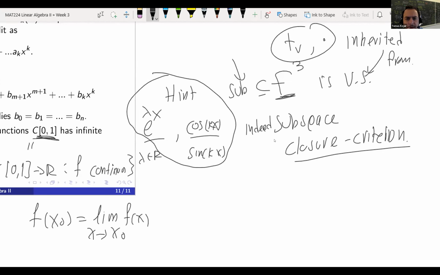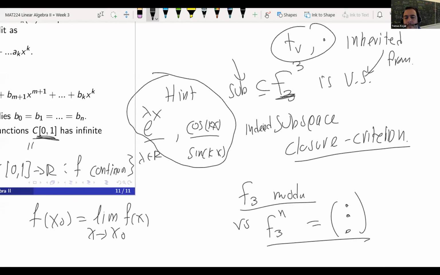This is F3 to the n. F3 is the modulo field, and F3 to the n is the tuples.